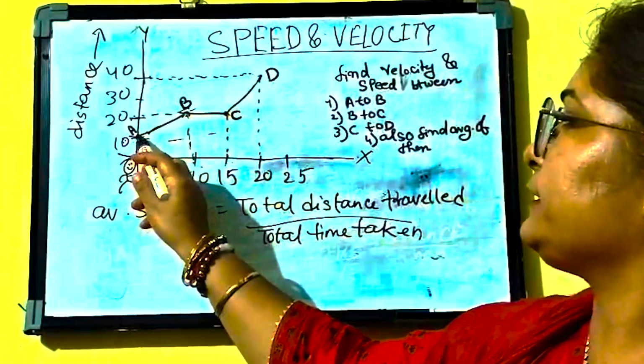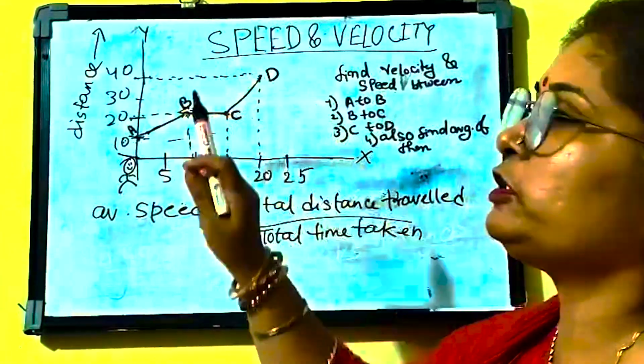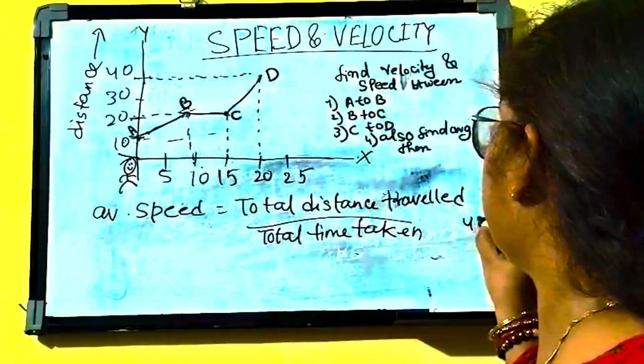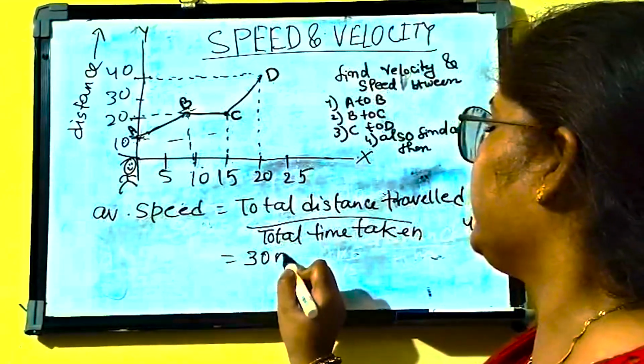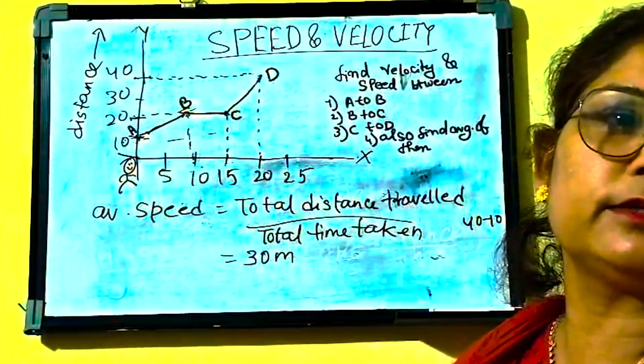So what is the distance? At first the initial position is 10 meters. The final position is 40 meters. So what is the distance? Total distance is 40 minus 10, that is 30 meters. Total distance covered from 10 to 40 is 30 meters.